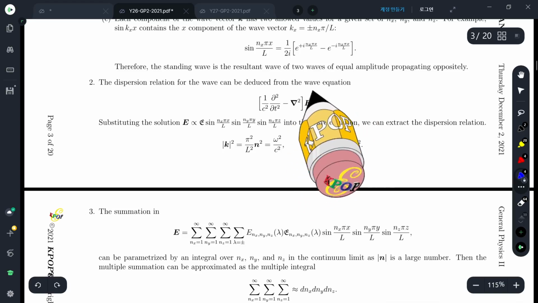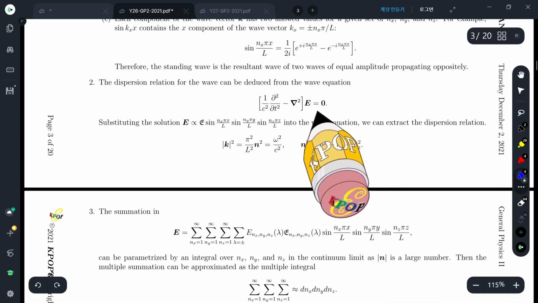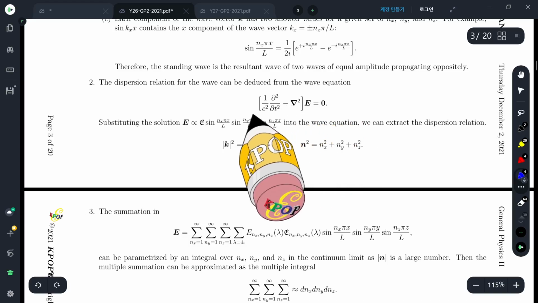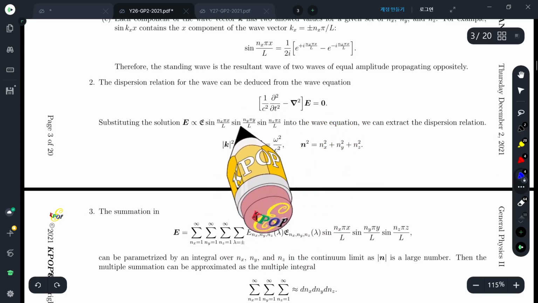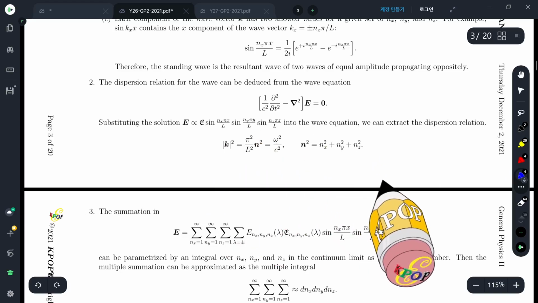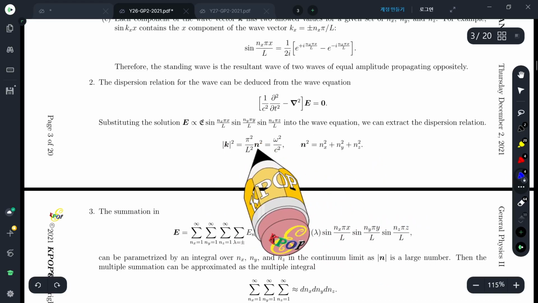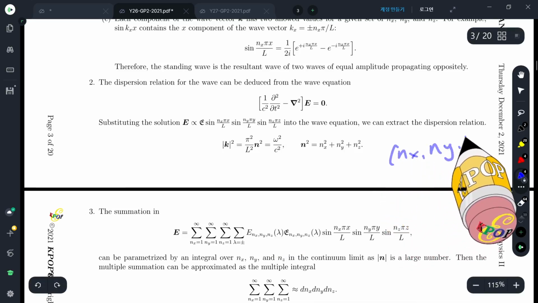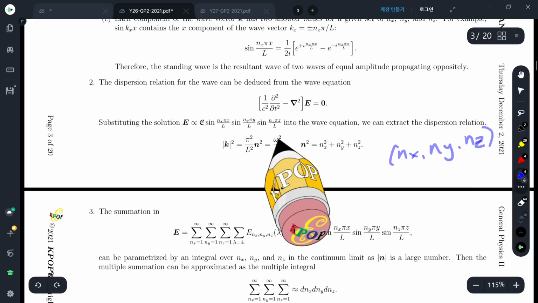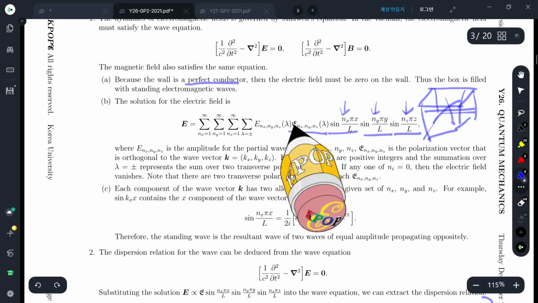For the electromagnetic field to satisfy the wave equation, this dispersion relation must be satisfied, where this capital N squared is just like a Euclidean vector with components nx, ny, and nz that are all determined in the expansion.